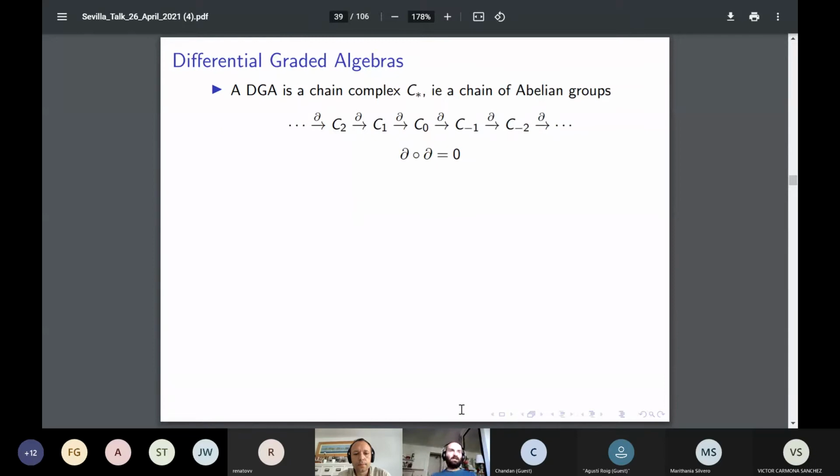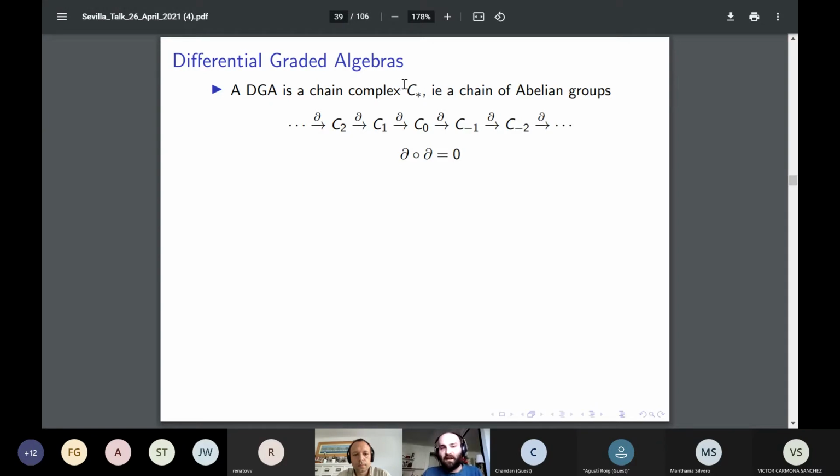Okay, I was telling you that our main results are computations of these algebraic K-theory groups of differential graded algebras, right? And for that, I want to start by defining what a differential graded algebra is.